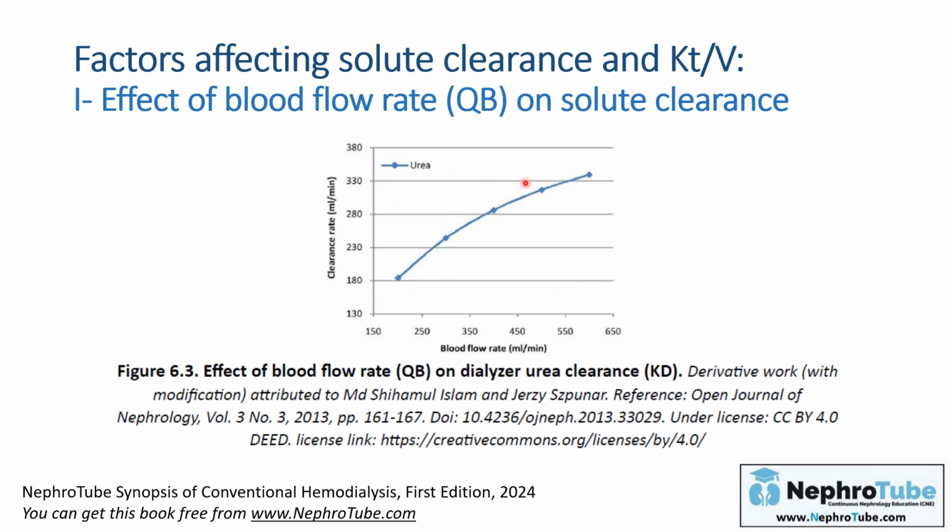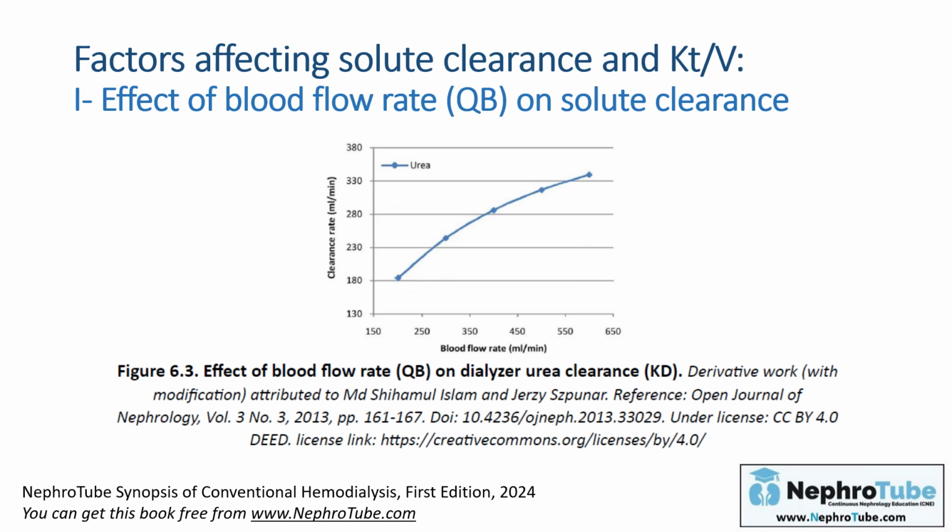We mentioned this figure before in one of our previous lectures, that there is a direct proportion between the blood flow and the clearance, but the relation between them is not linear. We have some plateau at the end. The usual blood flow range is from 200 to 500 ml per minute, with a median of about 350 ml per minute.